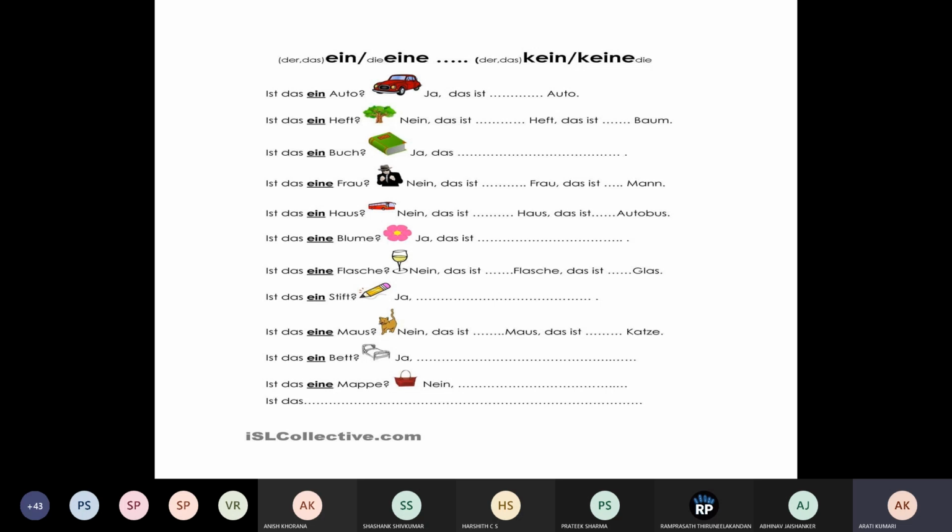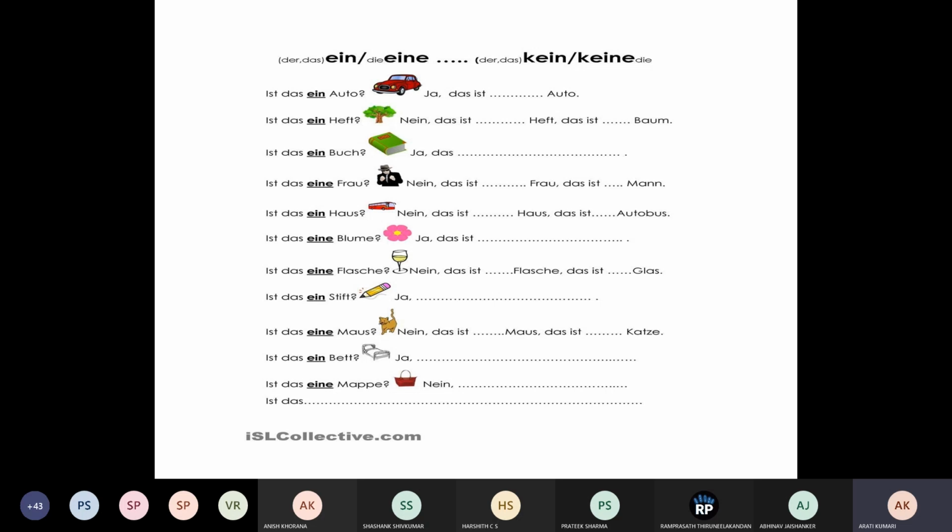So what happens? In the compound word, we take the article of the second noun, or the last noun. Sometimes it can be more than two nouns also. So you take the article of the last noun for the compound word. That's why here it will be der Autobus. I'll give you a couple more examples of compound words, then we'll go back to this exercise.